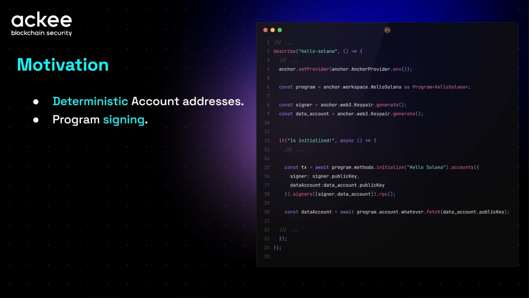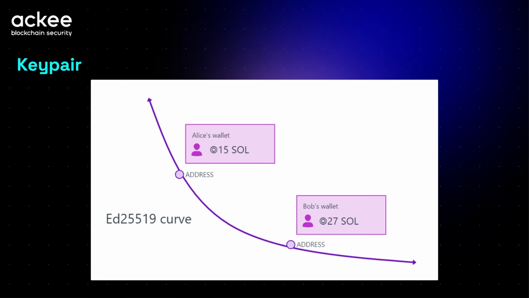This is from the motivation part. Let's now continue with the differences between the key pair and the PDA. As you can see in the picture, let's consider the curve. It is basically the elliptic curve where all of the public keys, all of the addresses, land. A private key is just some random scalar number that is used to create the point on the curve.